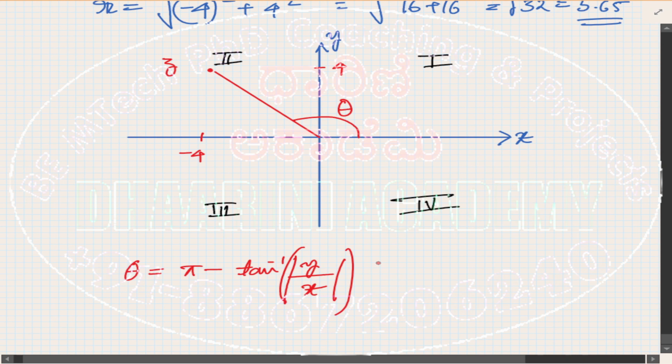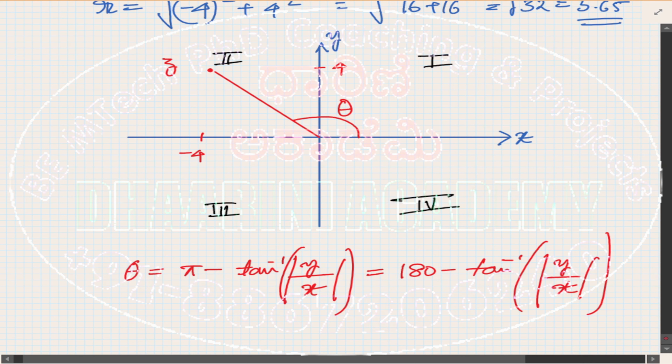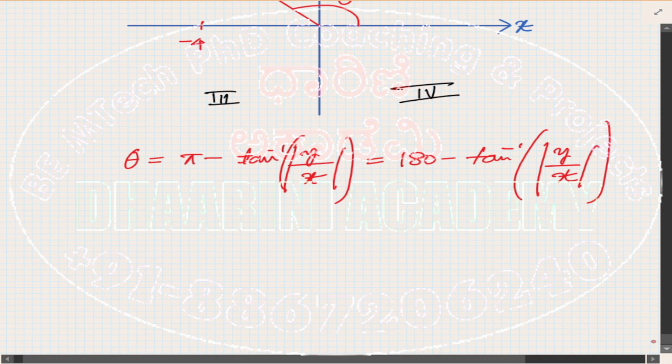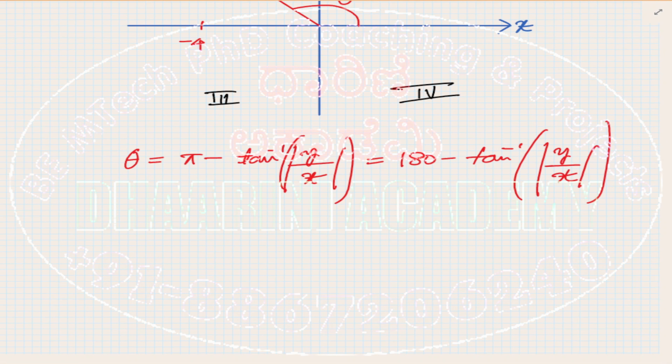Take y as positive, take x also positive. Or instead of pi you can write 180, 180 minus tan inverse of magnitude of y by x. Calculate y by x, and if it is negative, neglect the sign. This is the formula to be used.